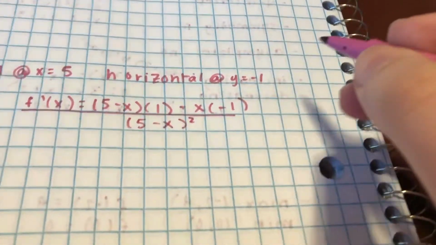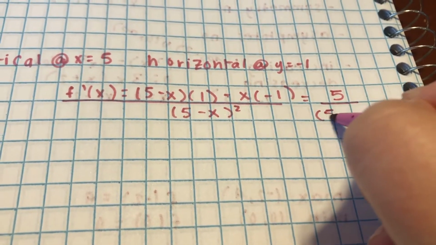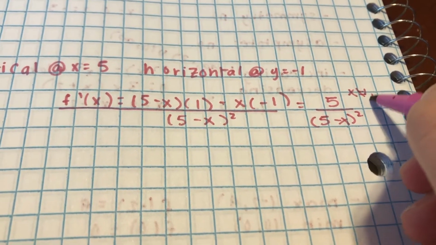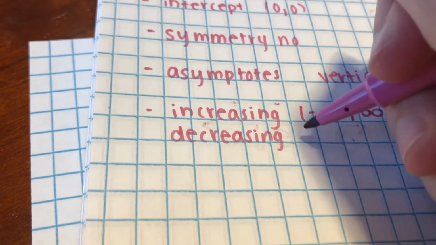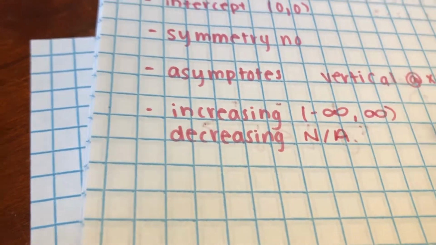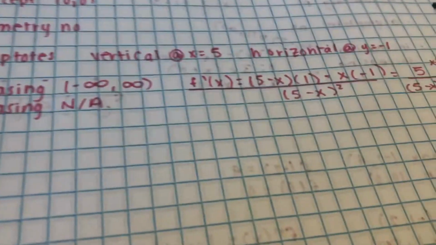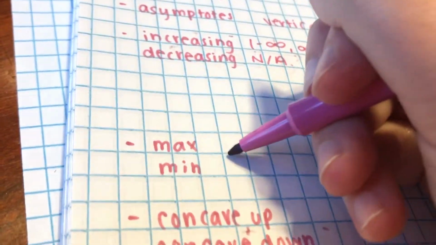This gives us 5 all over the quantity (5 minus x) squared, but x cannot equal 1 or 5. So we end up getting that it's increasing the whole time, from negative infinity to infinity, and we're just going to write NA here. Next we have our maximum and minimum. Since we don't have any critical points from this part, we have no max or min, so no extrema.